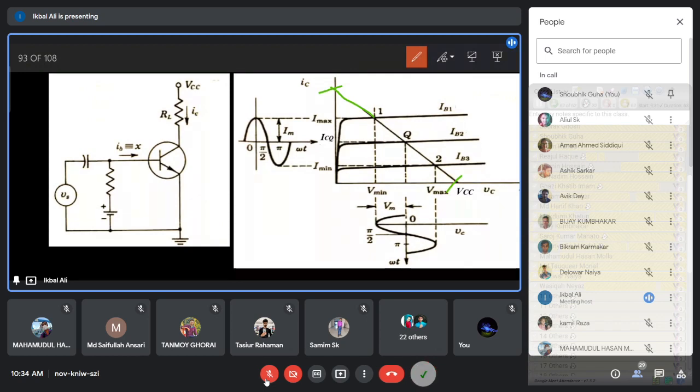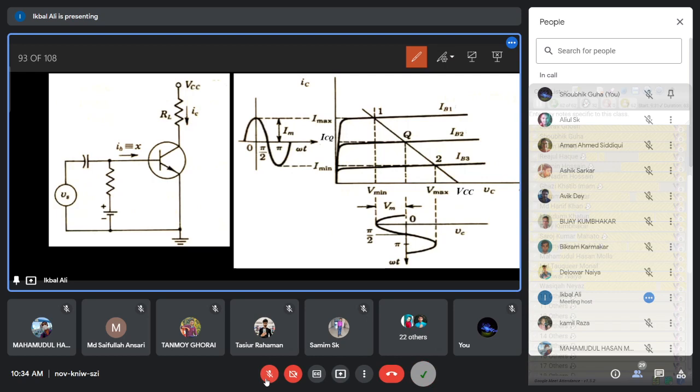This point coordinate should be the supply voltage VCC. You should remember the coordinates of the load line. Whenever the load line intersects the collector voltage axis, the x-axis, that will be VCC. I just want to make you recall that.